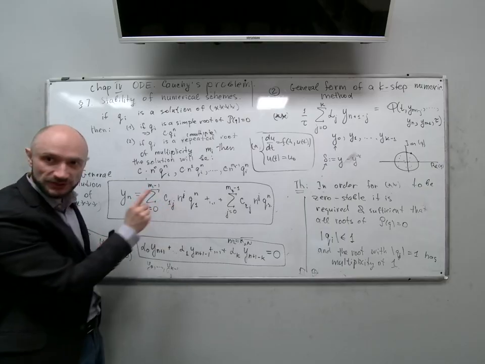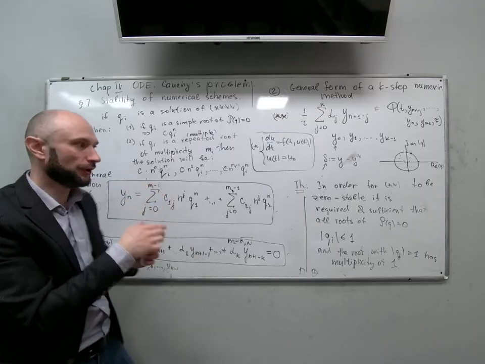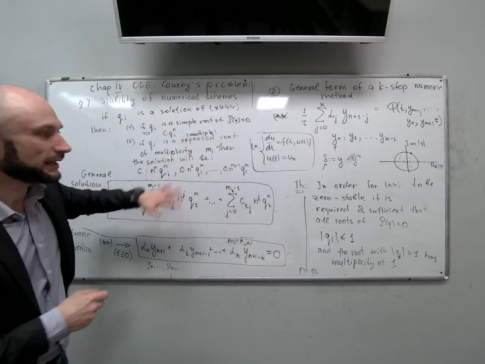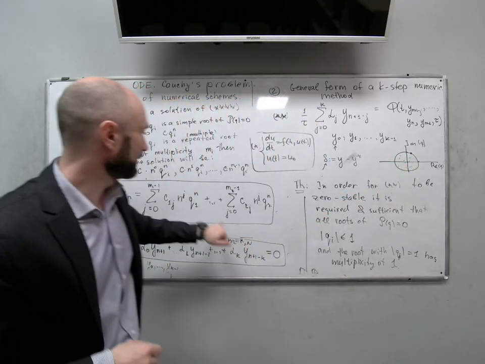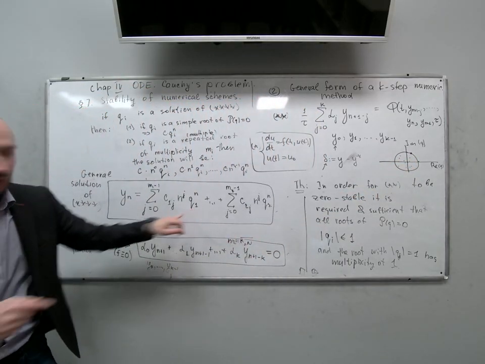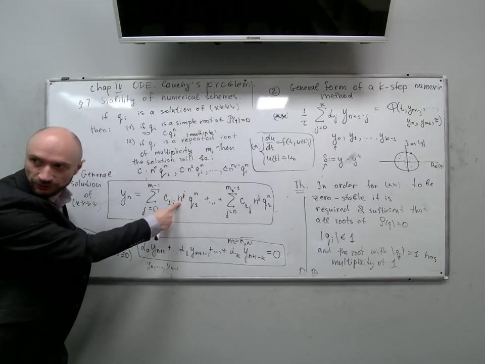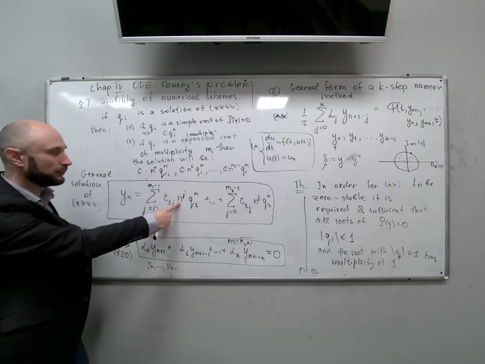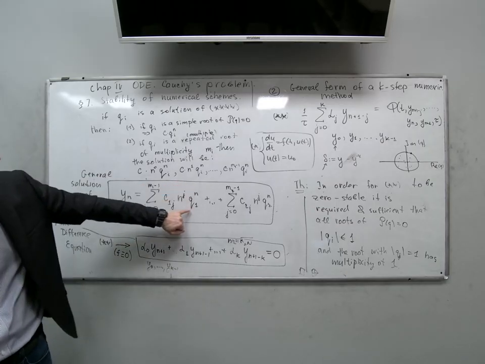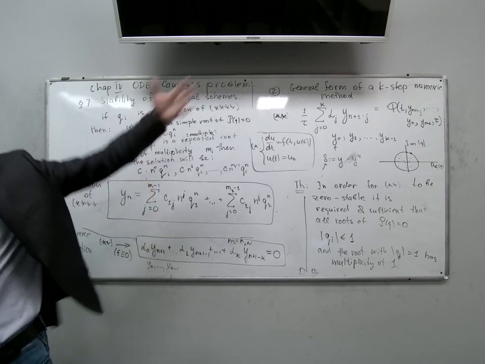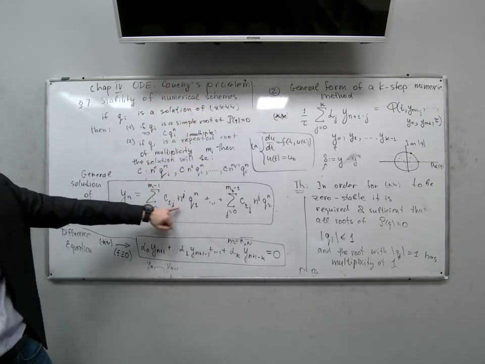If the root is not simple, then we cannot allow for multiple roots here when q is equal to 1. Why? Because in this case n is present as a multiplier in one of the terms, and when n grows infinitely, this particular term, where q is equal to 1, will grow infinitely as well. Okay, and it will spoil the stability.